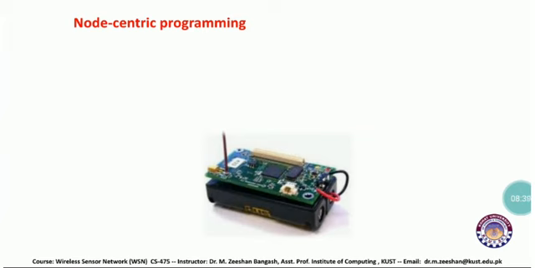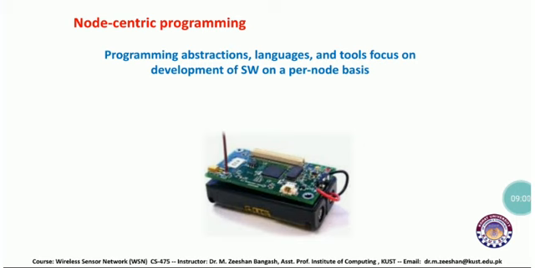It's a programming abstraction, and the languages and tools that are focused on development of sensor software on a per node level. The overall network wide sensing application is described as a collection of pairwise interactions of individual sensor nodes.